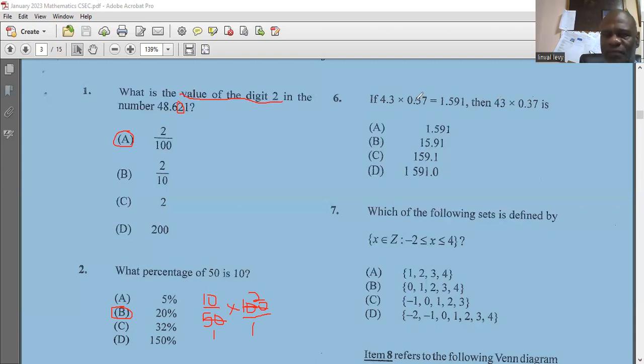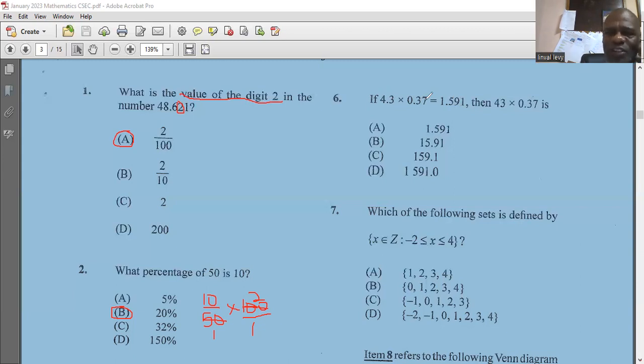Now one other thing that we need to note when multiplying decimals: we add the number of digits behind the decimal point in the two numbers, and that gives us the number of decimal places in our result. So in this case, we are multiplying 4.3 times 0.37, and you get 1.591. Notice we have 3 digits behind the decimal point.